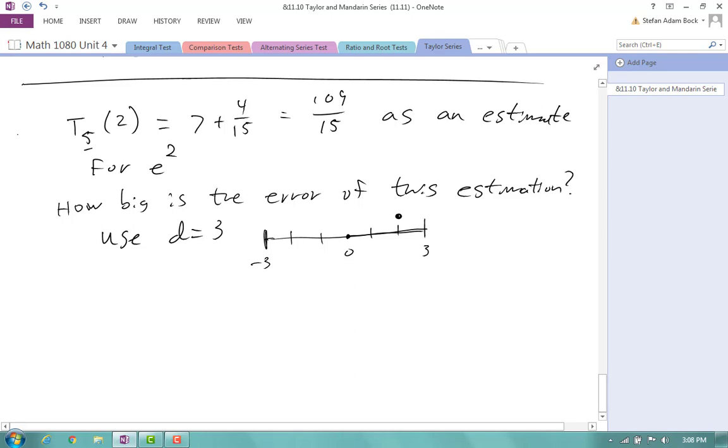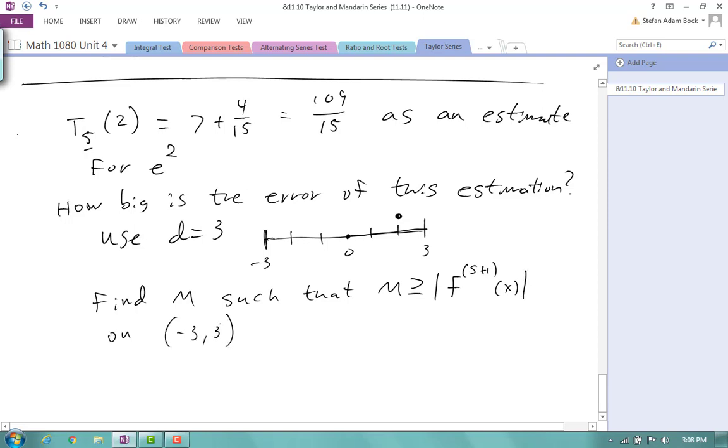Then, we need to find the m such that m is greater than the absolute value of f n plus 1, 5 plus 1 of x on the interval -3 to 3, which is this right here. That's when d is equal to 3.